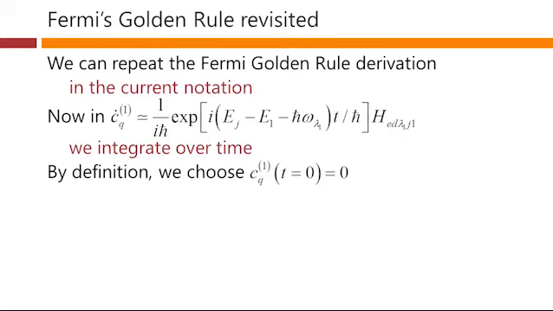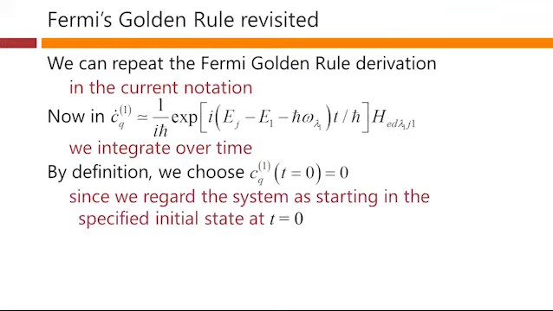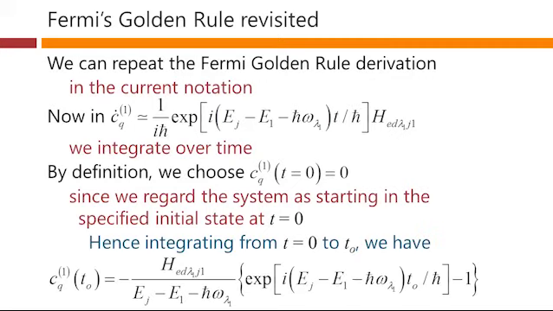In other words, we start out with the system not being in this state Q, whatever that is. And since we regard the system, therefore, as starting in this specified initial state at t equals 0, our state S, whatever that was our starting state. And we've chosen a specific choice here for that starting state that we're going to work with.